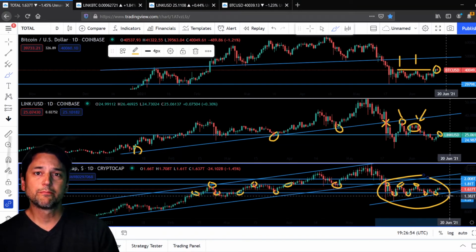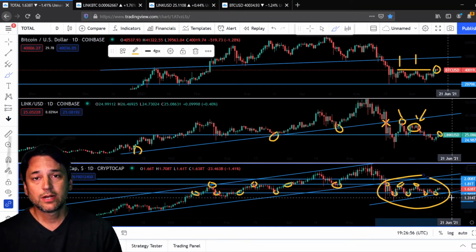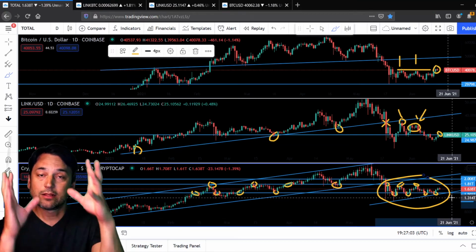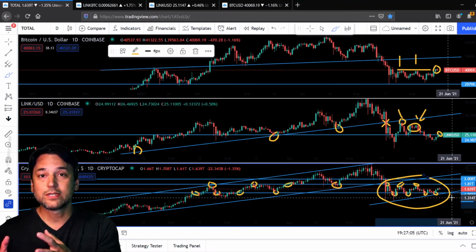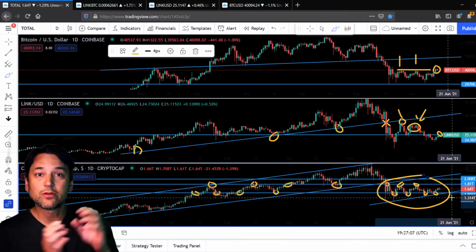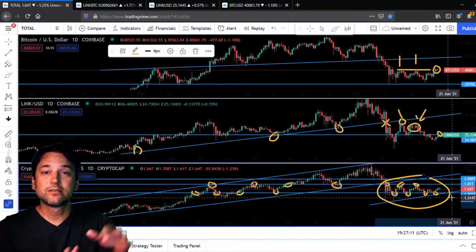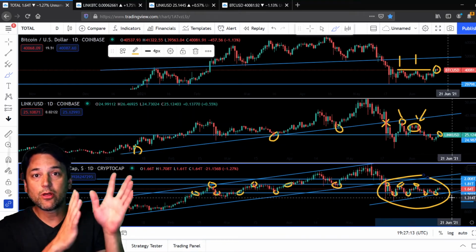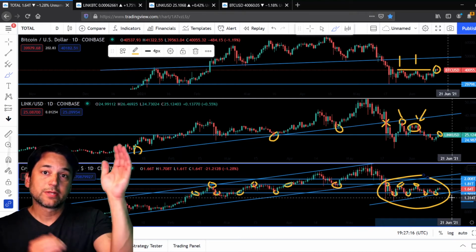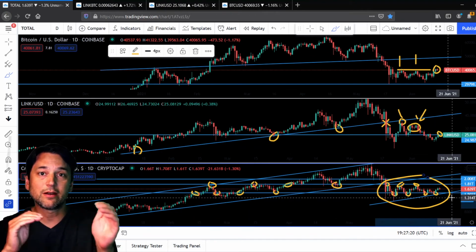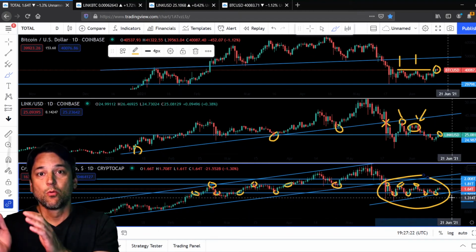And what a lot of the big players do is they're trying to maximize their returns. So as one goes up, they take their money out of that one, they take their profits, but they don't just have it sit on the sidelines, they put it into another one. Then that one goes up and they take the profits and they put it in another one. And this is why you get this kind of ebb and flow of sometimes this coin's doing better and sometimes that coin's doing better. And there's a lot of factors that play into which one is doing that.